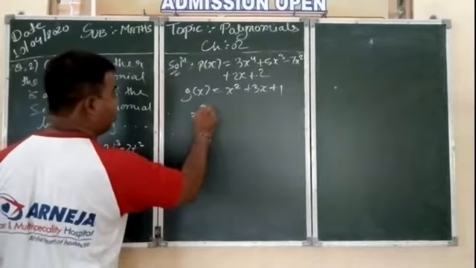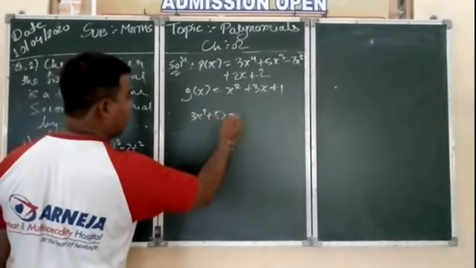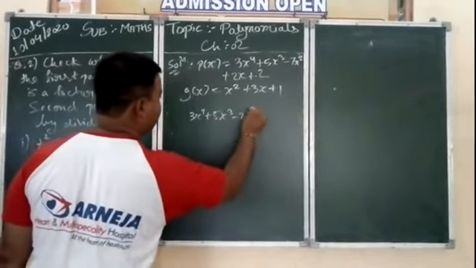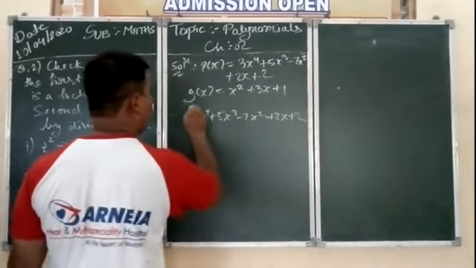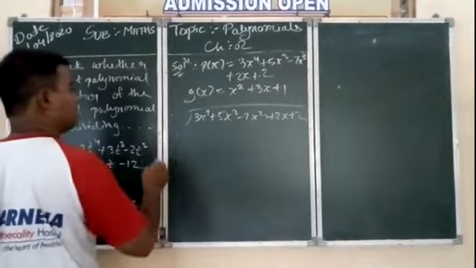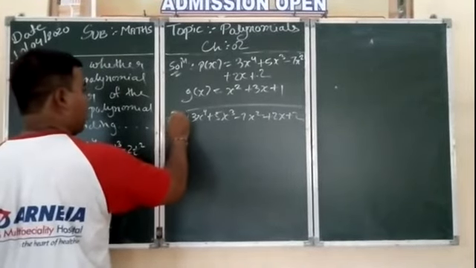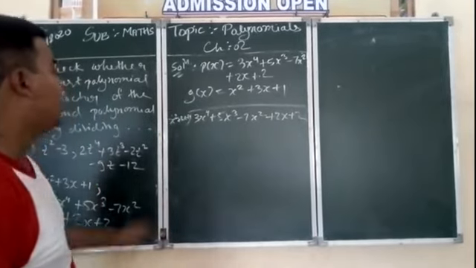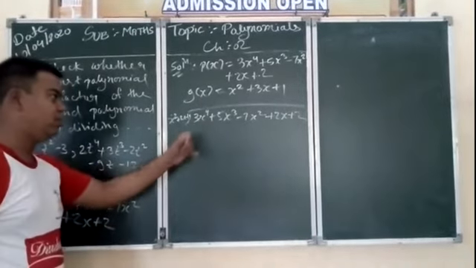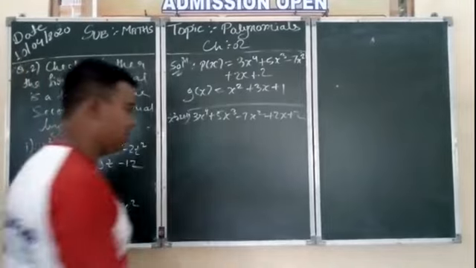So we divide 3x raised to the power 4 plus 5x cube minus 7x square plus 2x plus 2 by x square plus 3x plus 1. We want the first term, so x square plus 3x plus 1 is given.